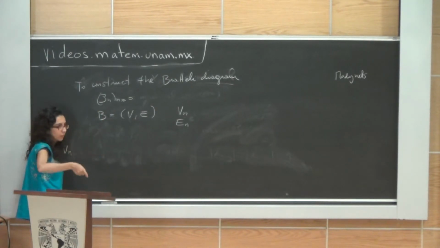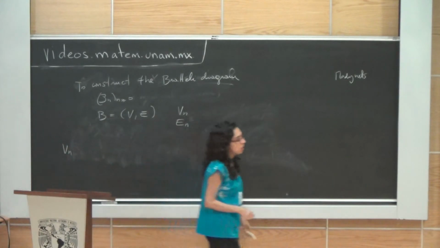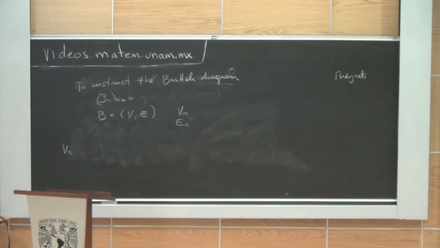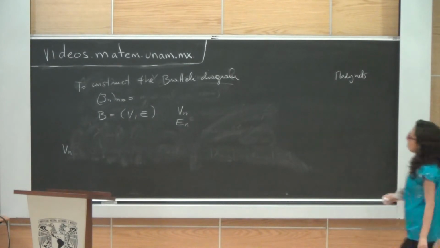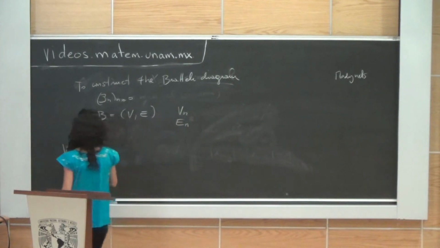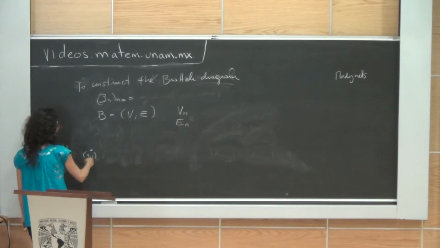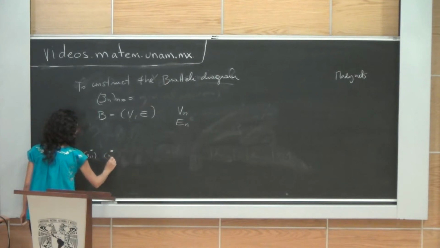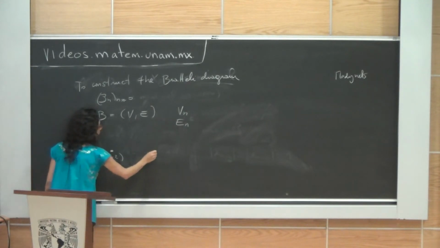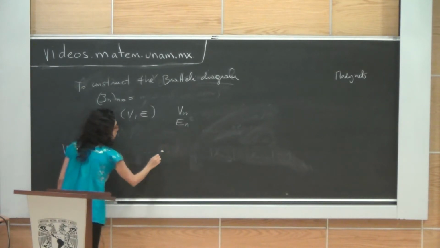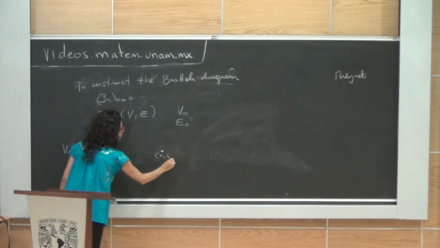The towers are just these sets without the base. So for every tower, we put a vertex. So here I'm going to say tower 1, tower 2, up to tower K_n, because I have K_n towers.